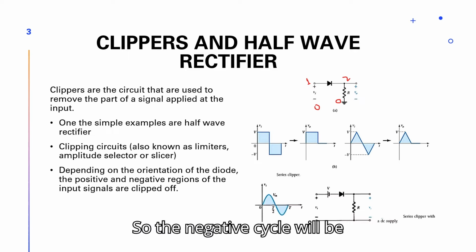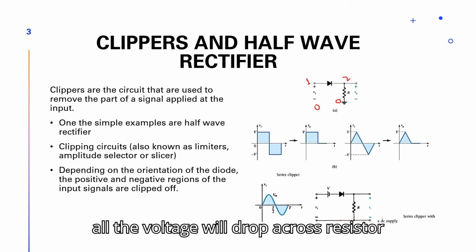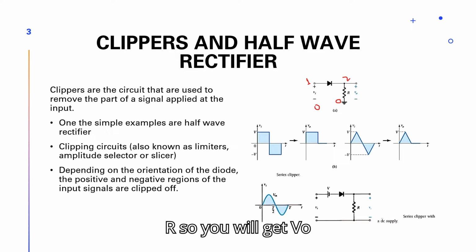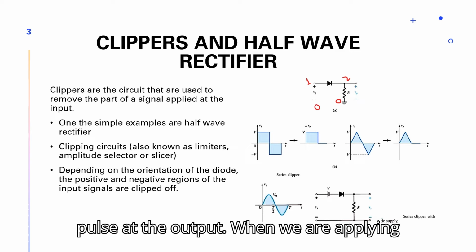During the positive cycle, this diode will be short circuited and all the voltage will drop across resistor R. So we will get the V naught signal at the output, and the signal will be like this one, and we obtained a pulse at the output.